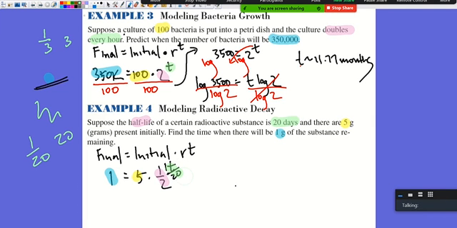Like that. And you basically just solve backwards. So let's see if I can do this quickly. I'm going to get 1/5 equals 1/2 to the power of t/20. Log both sides.